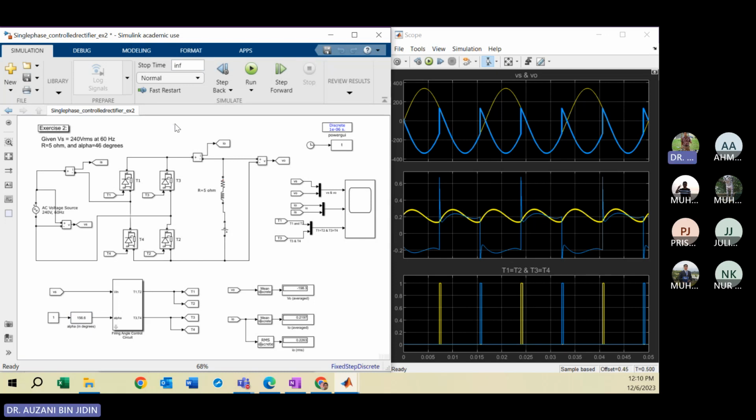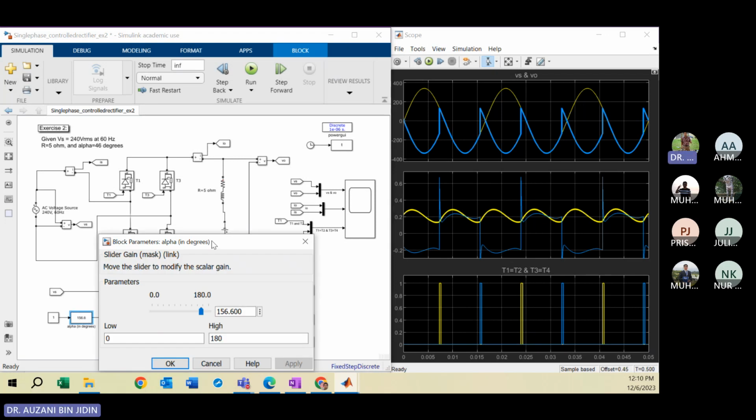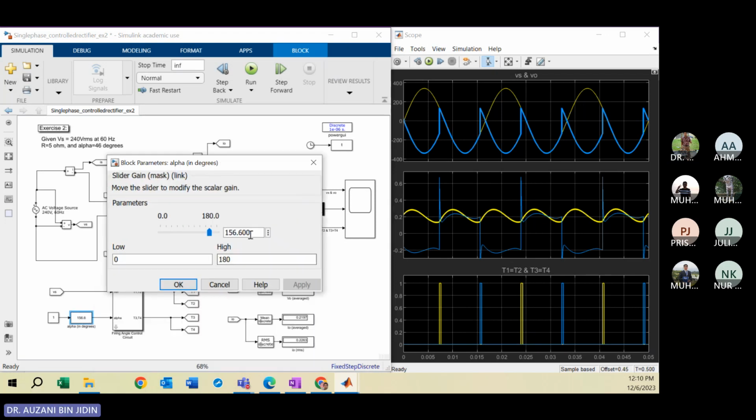Okay, class. Okay, 12:10. Before we proceed to discuss the exercise, let's take a look at the simulation first. We have discussed that when you set the angle between 90 and 180 degrees, your converter operates as an inverter.